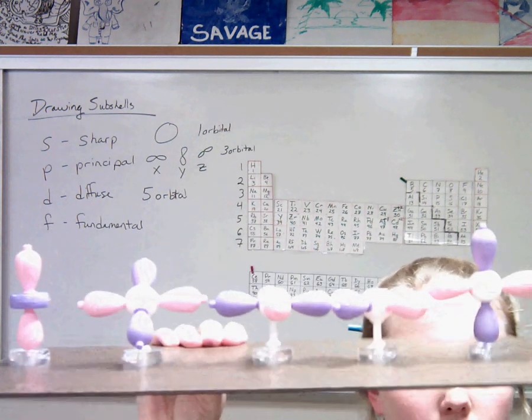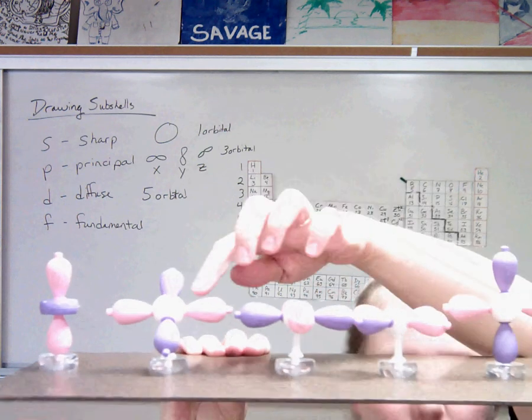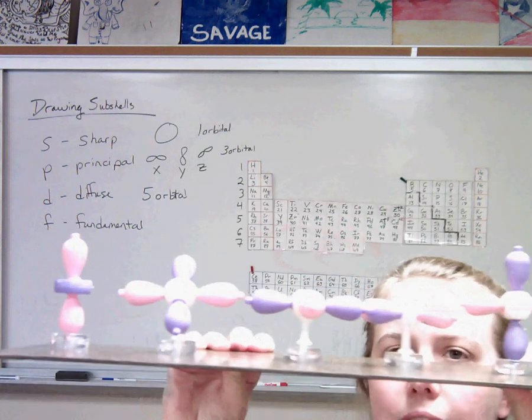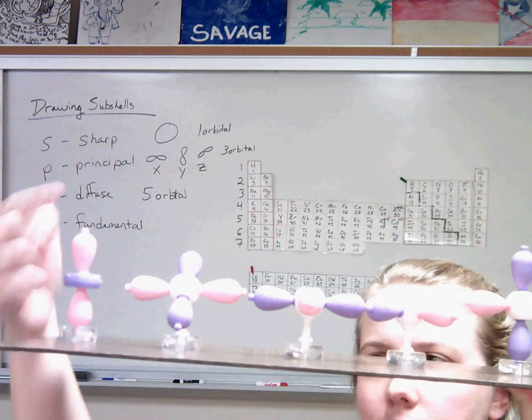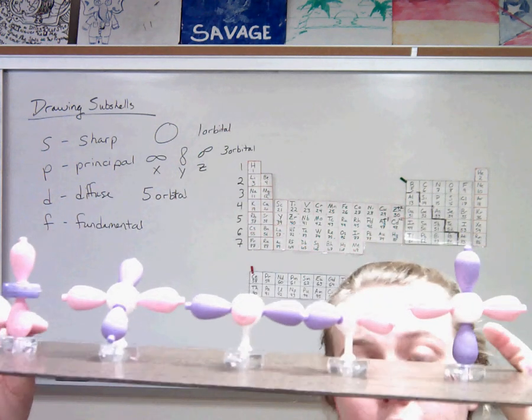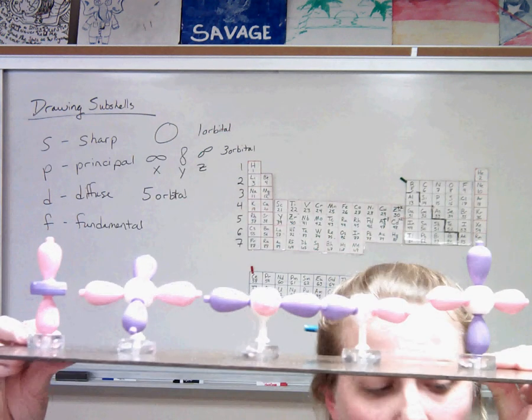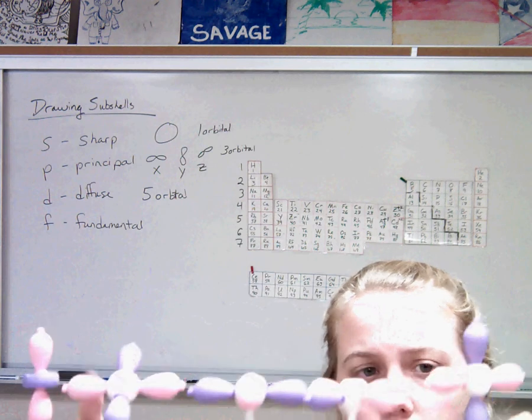We have them going up like this, out like this, turned a little bit from that one, and kind of cat-a-corner there. And then the last one's not even a cloverleaf, it's just a dumbbell with a ring attached to it. But the point is that there are 5 of them, and all together, this makes 1 D subshell. 5 orbitals, 1 subshell.